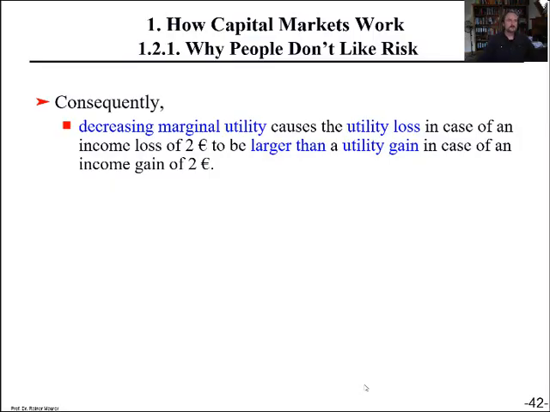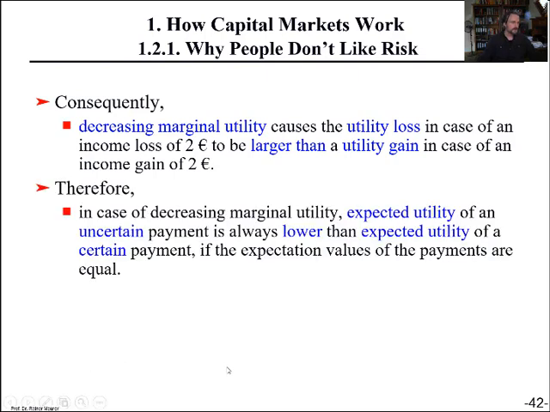Consequently, decreasing marginal utility causes the utility loss in case of an income loss of €2 to be larger than the utility gain in case of an income gain of €2. Therefore, in the case of decreasing marginal utility, expected utility of a certain payment is always lower than expected utility of an uncertain payment, if the expectation values of the payments are equal.